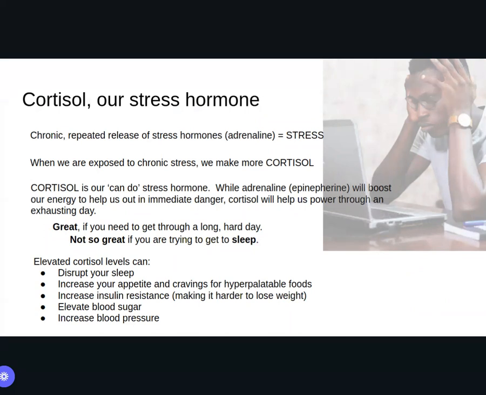But if you have high levels of cortisol throughout the day and into the evening, it suppresses melatonin and disrupts your sleep. And if you have high cortisol levels and haven't slept, you will have more cravings for hyperpalatable foods, which is a fancy way of saying cheeseburgers and Snickers bars. It's hard to resist those cravings when your stress levels are high. So don't be too hard on yourself.